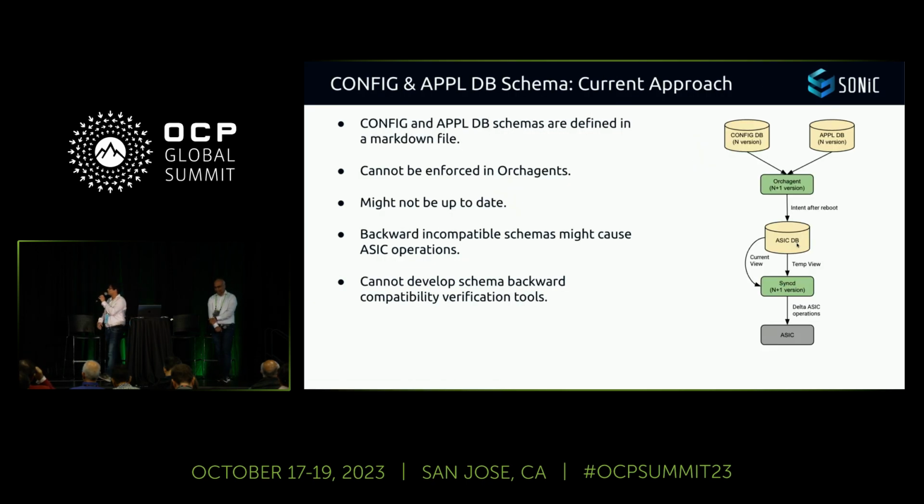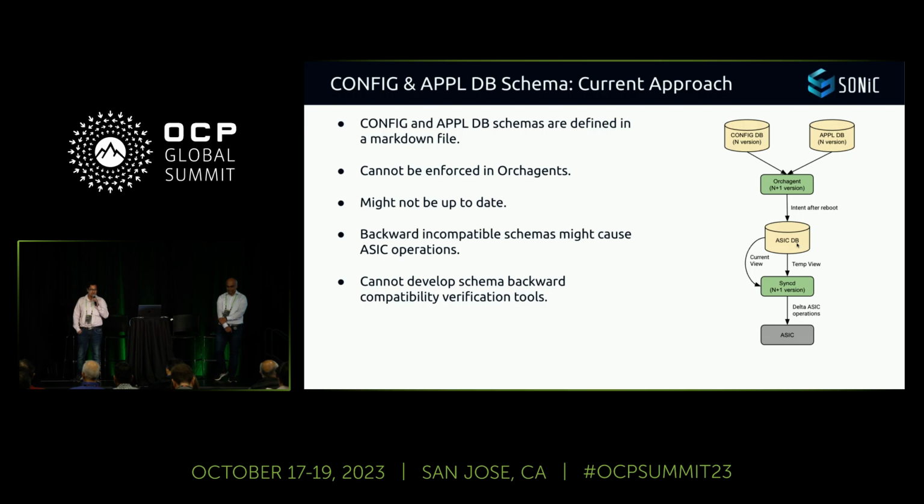I'll go through this slide quickly. So today, we don't have any config and application DB schemas defined, or they're defined in a markdown file. The one problem is that they might not be up to date, and we cannot enforce these markdown files in the orch agents themselves.